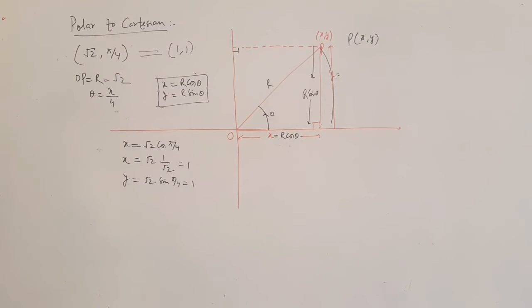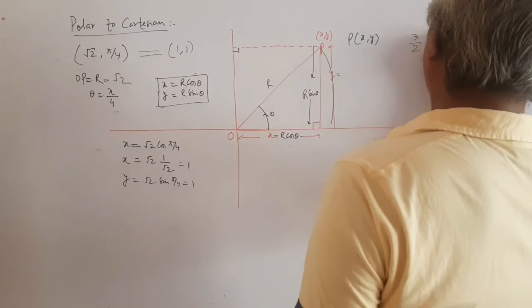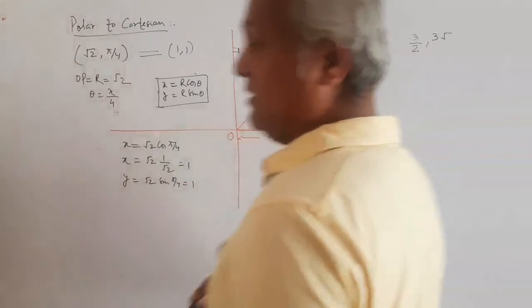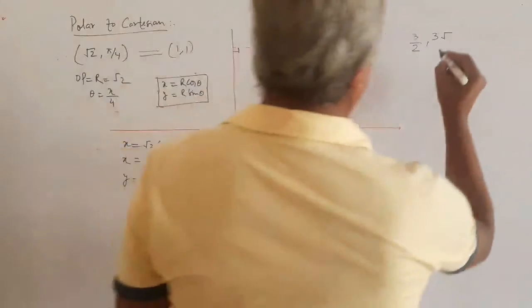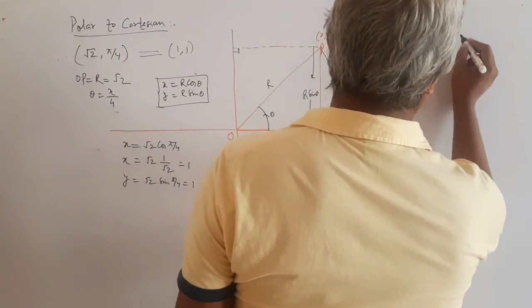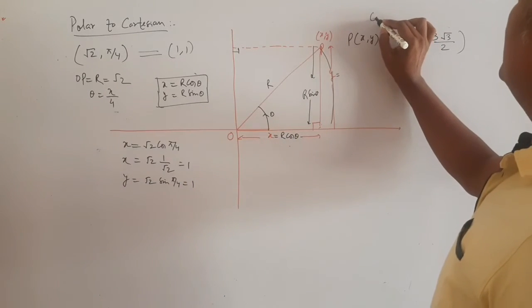Now if I take a value in the Cartesian system and try to convert it into polar form, that is 3 over 2 comma 3 root 3 over 2. This is Cartesian to polar.